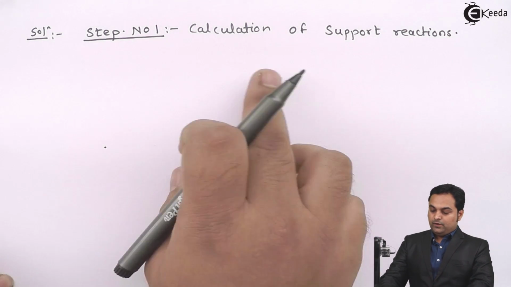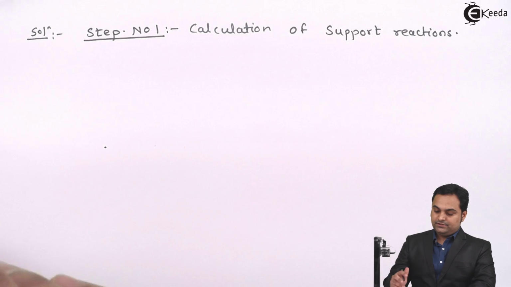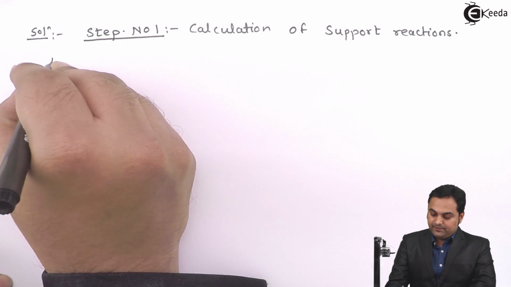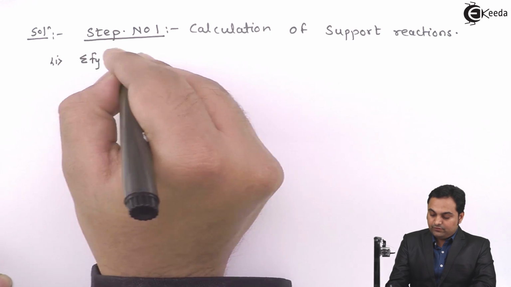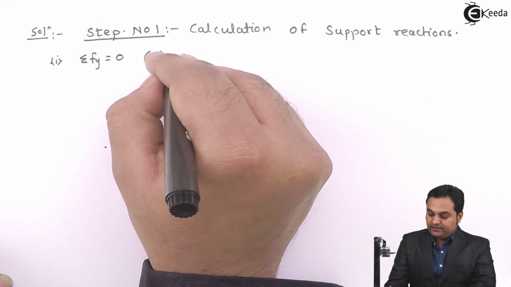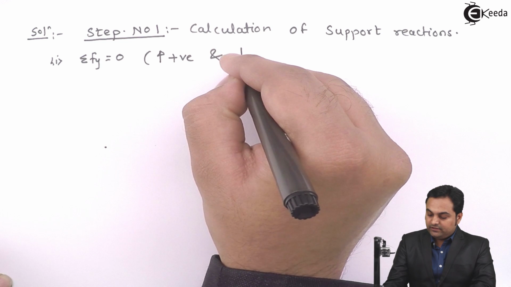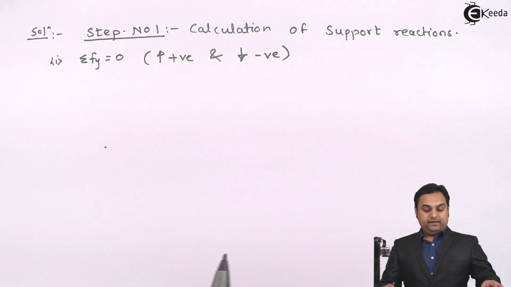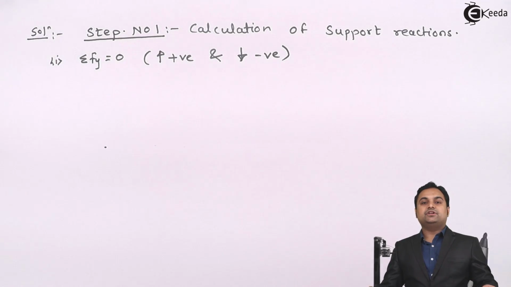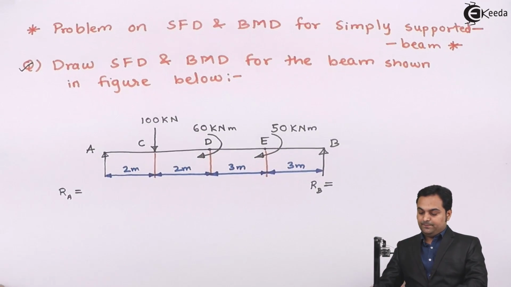Now here, while calculating the support reactions, I'll use the conditions of equilibrium, and the first condition is summation of Fy is equal to 0, where upward forces are treated positive and downward forces are treated as negative. Here I am not using summation of Fx because there are no horizontal forces on this beam.